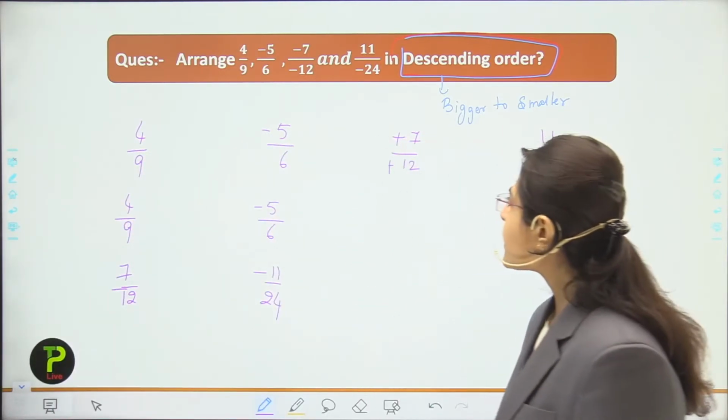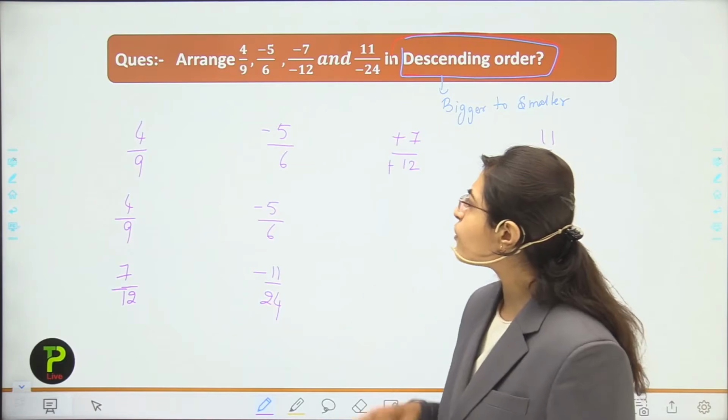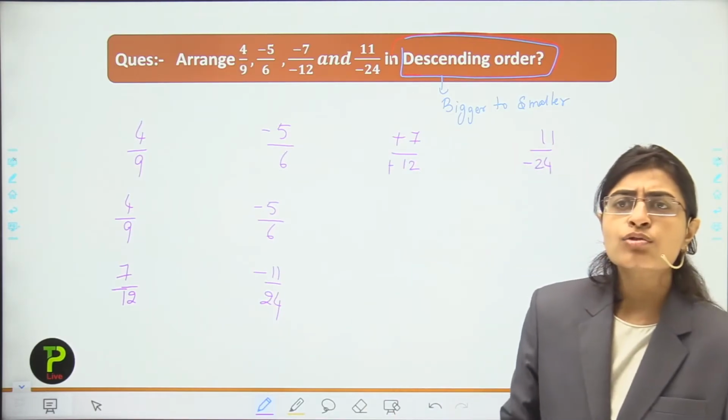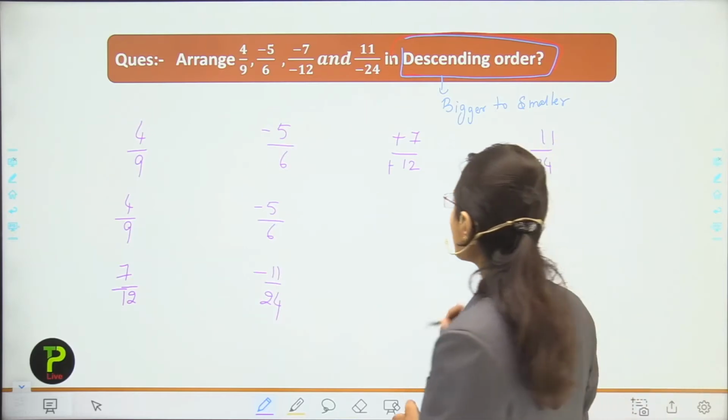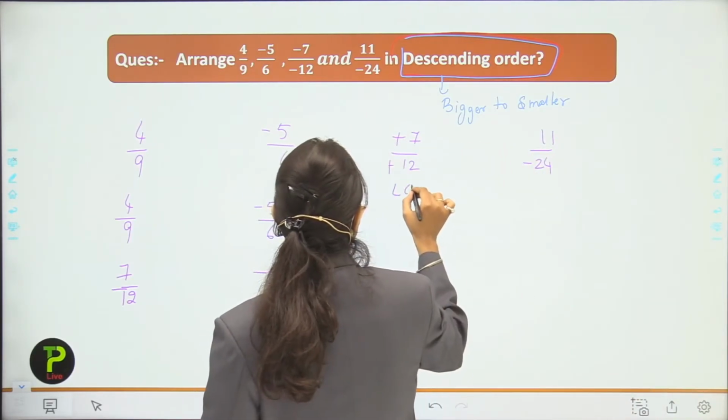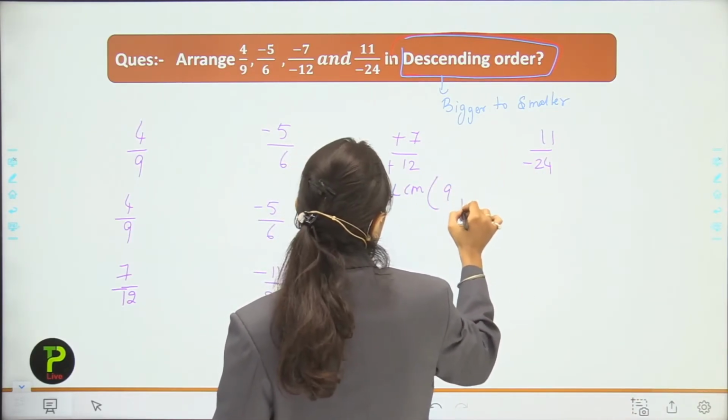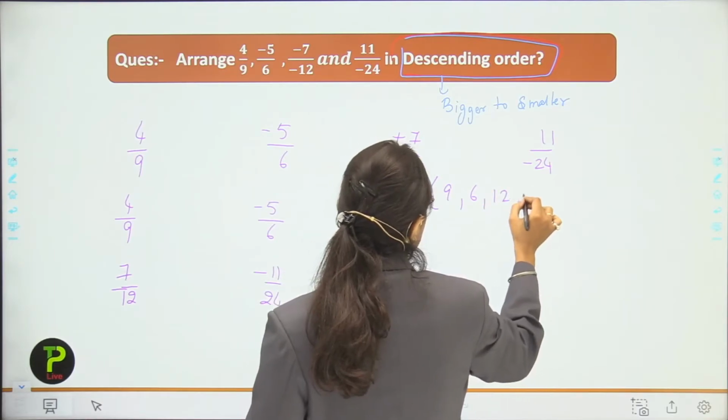Now I can see that the denominators of all the numbers are different. So what should we do? Yes, LCM. Let us take the LCM of 9, 6, 12 and 24.